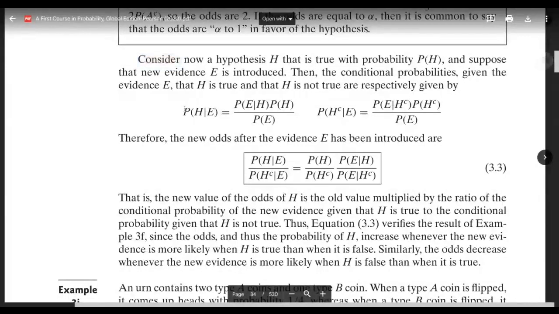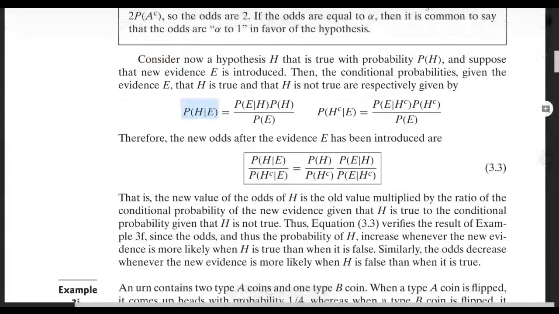That's the probability of the intersection of H and E divided by P of E. The probability of the intersection of H and E can be written as the probability of E given H multiplied by P of H. And you can also write this for the complement.